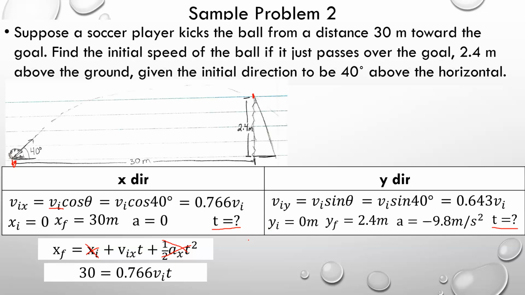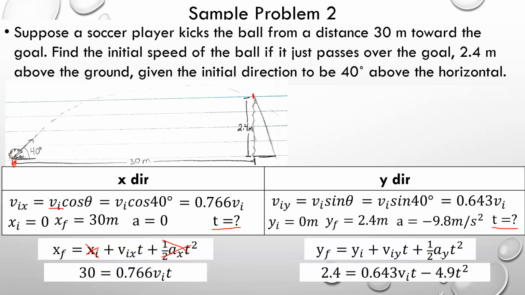And let's see what it looks like in the y direction. So yf is 2.4, yi is 0, Viy is 0.643 Vi, ay is negative 9.8, and 1/2 of that would be negative 4.9. So our second kinematic in the y direction is going to end up looking like this. Now, having two directions here is actually pretty convenient, because now we have two equations and two unknowns, which means we can pretty easily solve a system of equations.